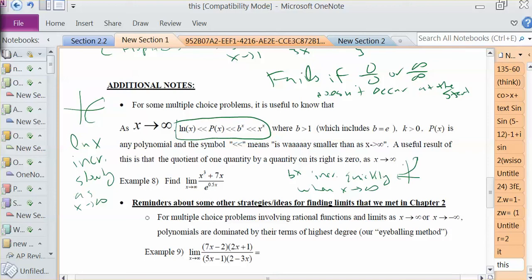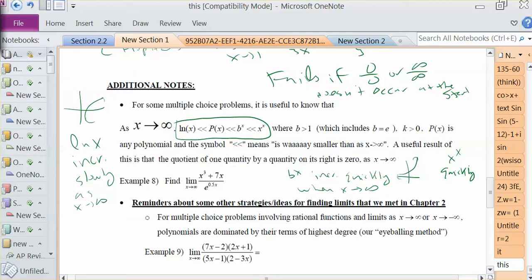X to the x is a really strange one. That's just a really quickly moving function. X to the x quickly increases. And we have suspicion that the College Board might be putting some problems like that, so we want to have a discussion maybe when I'm back next week.